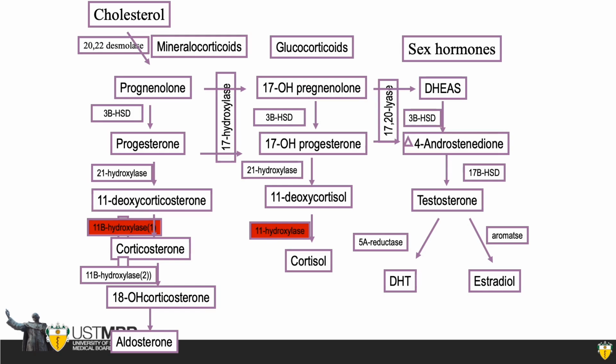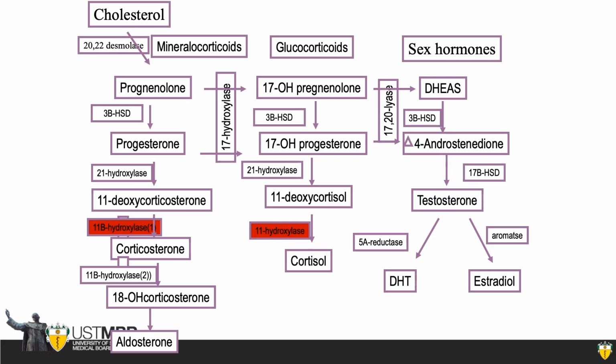So 11 beta hydroxylase is lower down after 21 hydroxylase. So if you block this too, aldosterone won't be formed, cortisol won't be formed either, and everything will be directed to the right side again, forming a lot of adrenal androgens. Therefore, there might be a female ambiguous genitalia.